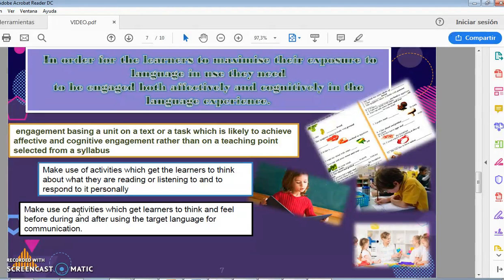One way of doing this is to encourage learners who have read, listened to, or viewed the same text to get together and discuss it.